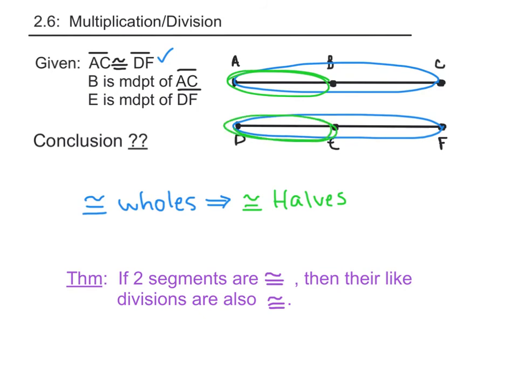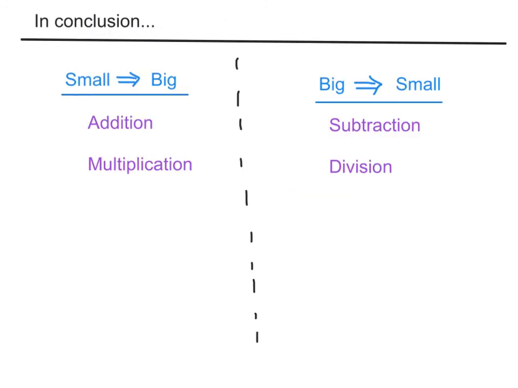So again, it's this idea that congruent wholes lead me to congruent halves. Formally, how do we say that? If two segments are congruent, and that's the wholes right now, then their like divisions are congruent. So hopefully this will be a nice summary for you here.